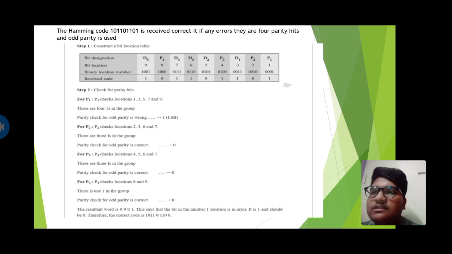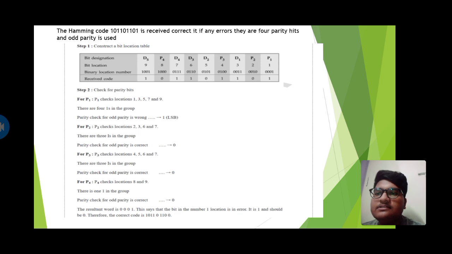To construct a bit location, we have taken the parity bits as P1 2 power 0, P2 2 power 1, P3 2 power 2 and P4 2 power 3. The bit locations 1, 2, 4 and 8 are parity bits, and the remaining positions are considered as D1, D2, D3, D4 and D5 as entered in the table.